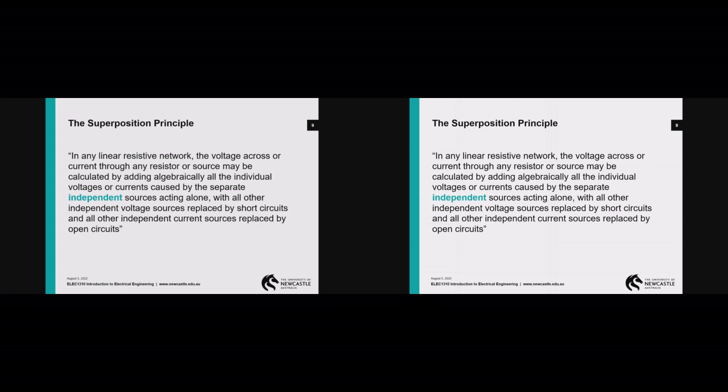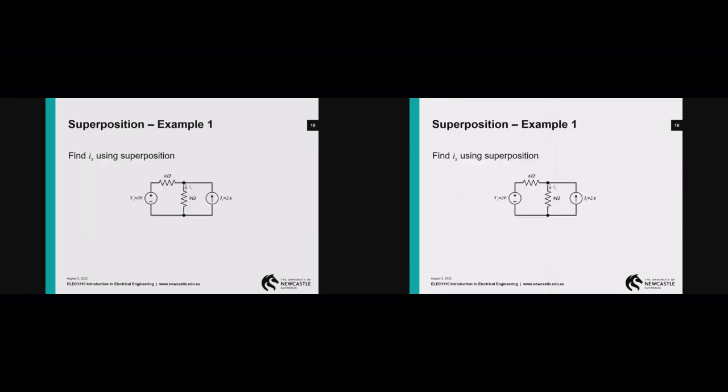So that's a mouthful, but it is a very helpful tool for us as a way of simplifying more complicated circuits. The best way to get a real feel for how it works is to look through a couple of examples. The first problem here is I want to know the current through the 9 ohm resistor.